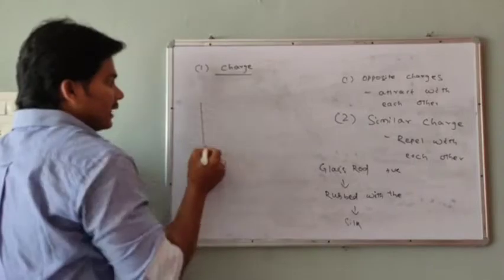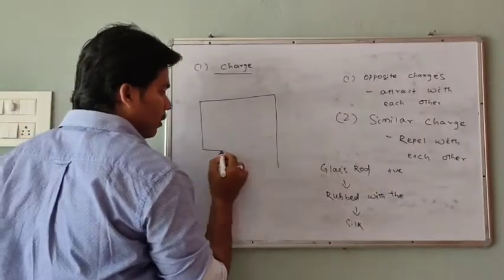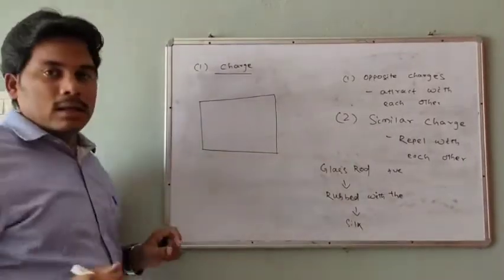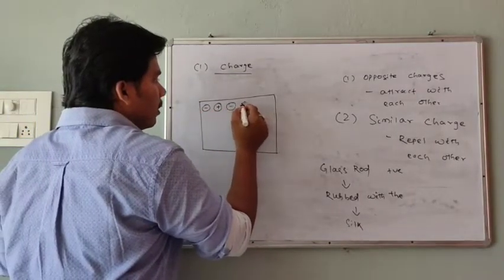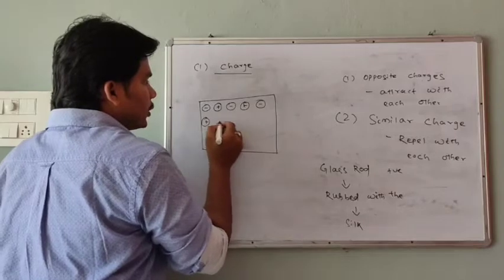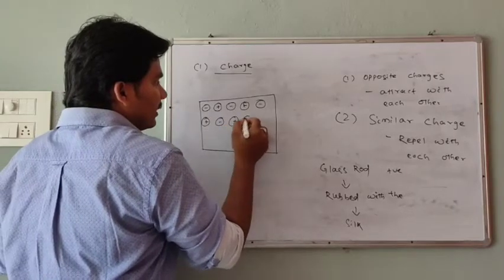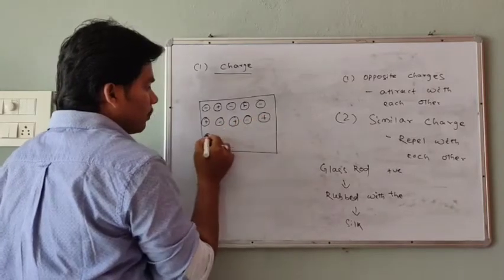Let's take an atom of an amber. Here the electrons and protons are distributed in such a way that they have equal numbers of electrons and protons.